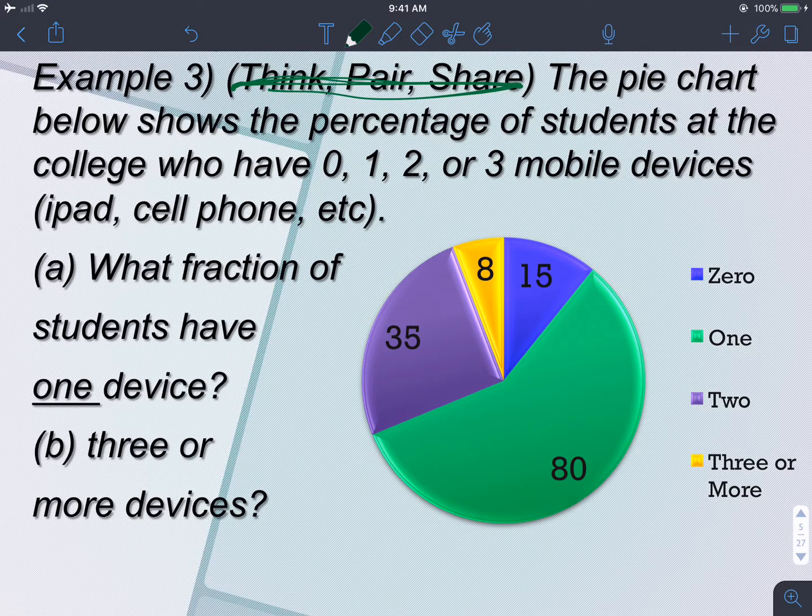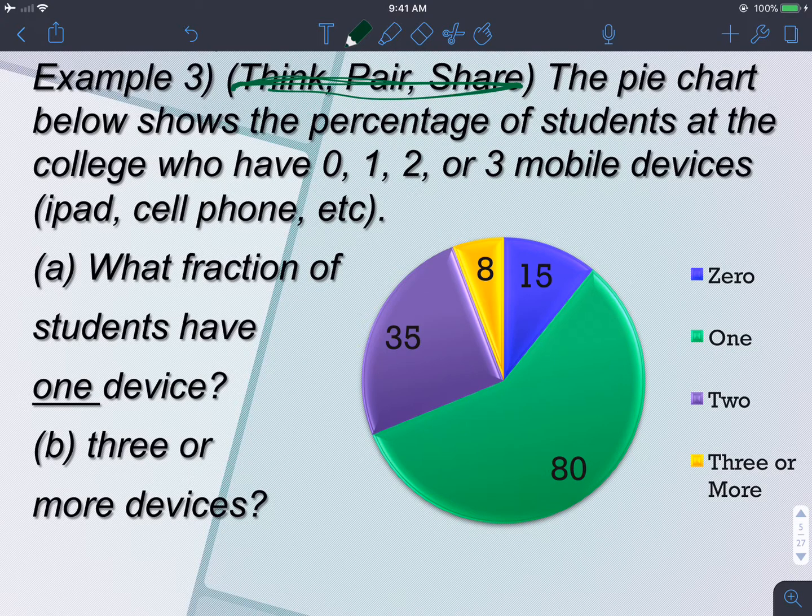The pie chart shows the percentage of students at the college who have 0, 1, 2, or 3 mobile devices. iPad, cell phone, whatever. Question A is, what fraction of the students have 1 device? Isn't it 80 over 148?